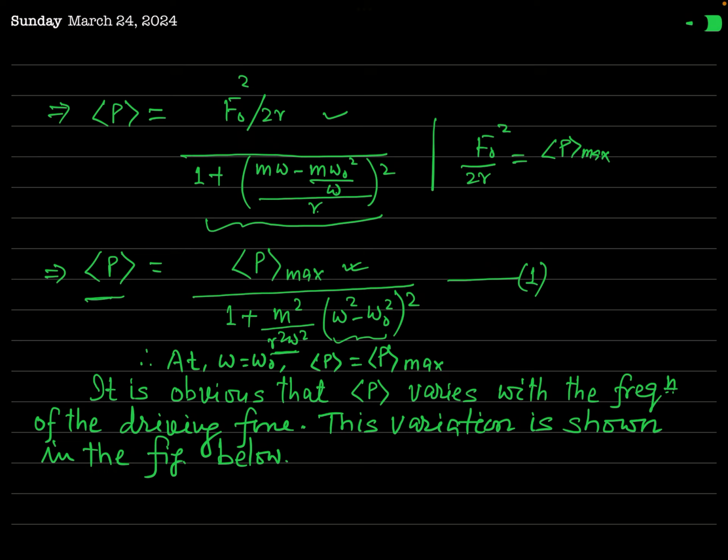In this way we have expressed the time averaged power in terms of the maximum power. Now you can see from this result that when resonance takes place, that is when the frequency of the applied driving force omega is equal to omega naught, and you substitute omega equal to omega naught in this equation 1, the second term in the denominator becomes 0, so P is simply equal to P max.